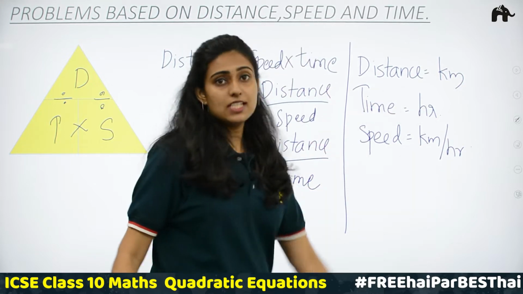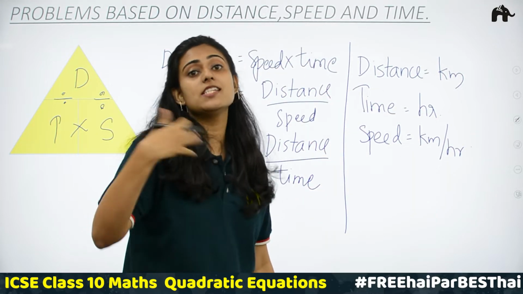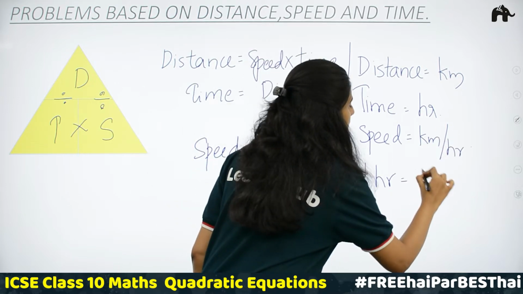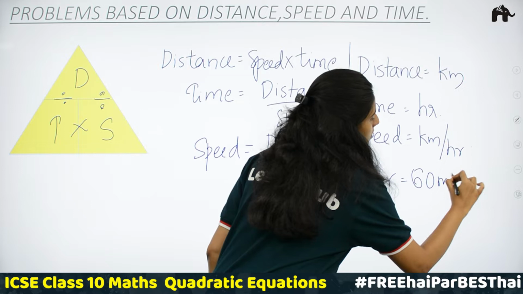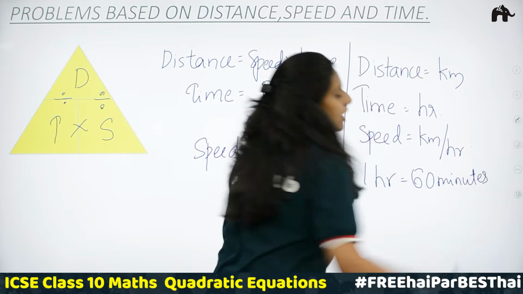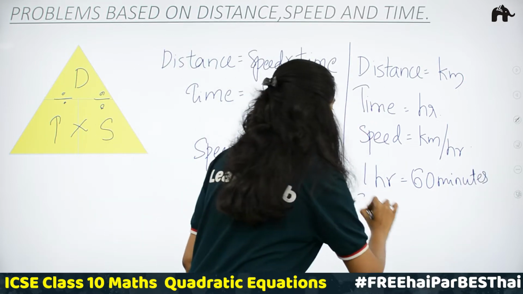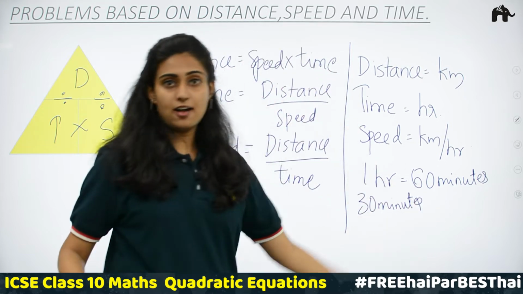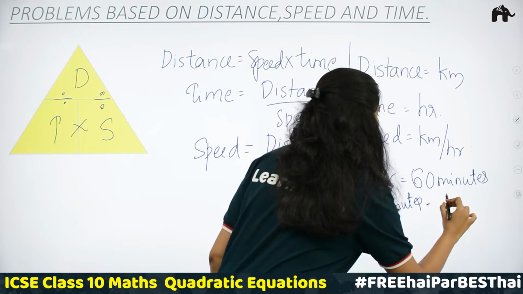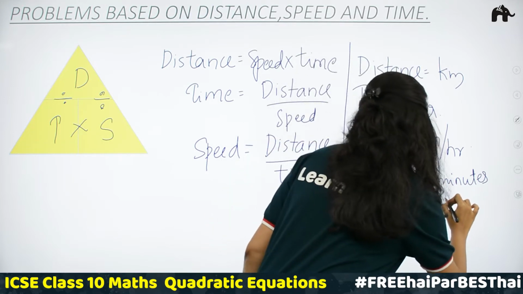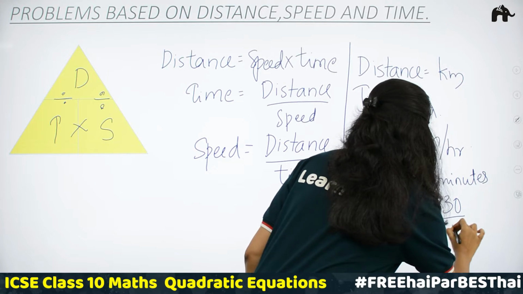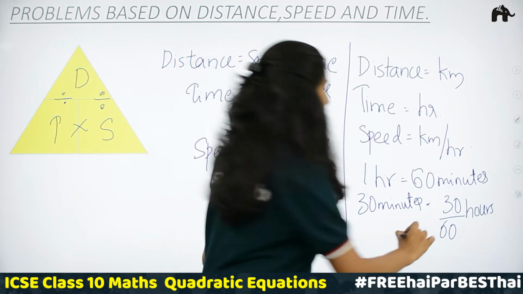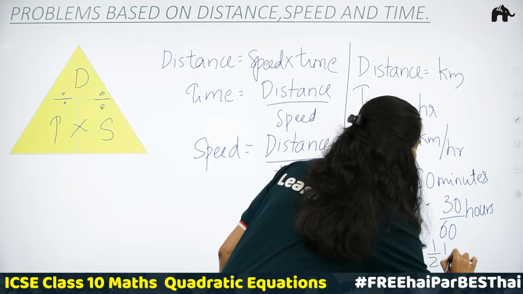If time is given in minutes, you need to convert that minutes into hour. We know 1 hour is equal to 60 minutes. Now, in the question we have 30 minutes. How can I write 30 minutes in hour? That is 30 by 60 hours, which is equal to 1 by 2 hours.